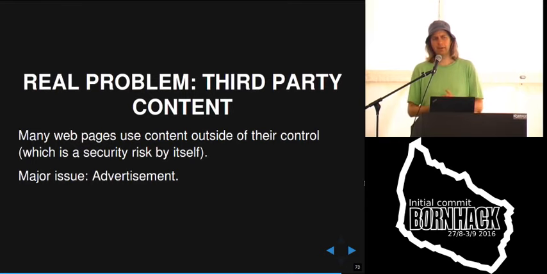So the biggest problem actually for people who want to migrate to HTTPS and can't is third-party content, and especially ads. So I told you earlier that I work for this German IT news webpage, and they don't use HTTPS. And the reason is that they have an ad network that does not support HTTPS. And ad networks are especially complicated because it's often a whole chain of actors.